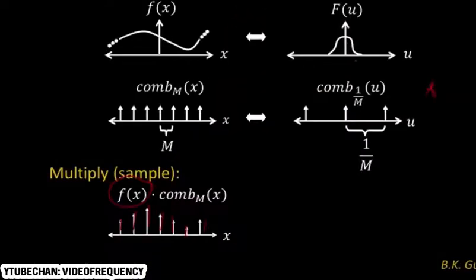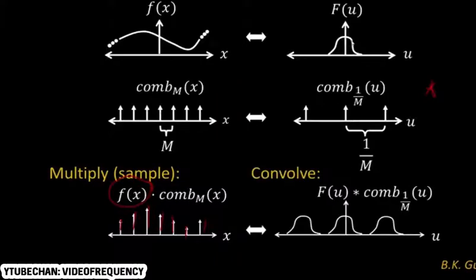Now, when I multiply in space, what do I do in frequency? I convolve. Remember, convolution in space is multiply in frequency, and multiply in space is convolution in frequency. So what I'm going to do is convolve the Fourier transform of f with the Fourier transform of the comb. I'm just showing the power here, and I get that.